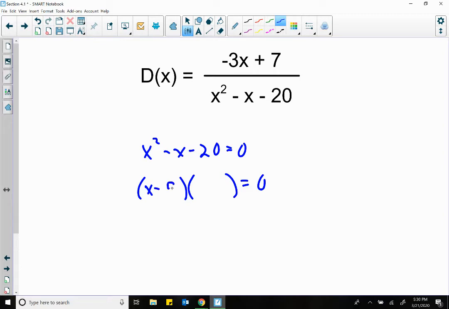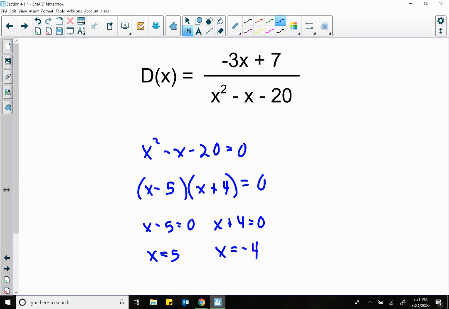And this guy would factor out to be x minus 5, x plus 4. And now that we have it factored, we can set each one of these equal to 0 because of the zero product rule. And we find out that we want to get rid of a positive 5 and a negative 4.